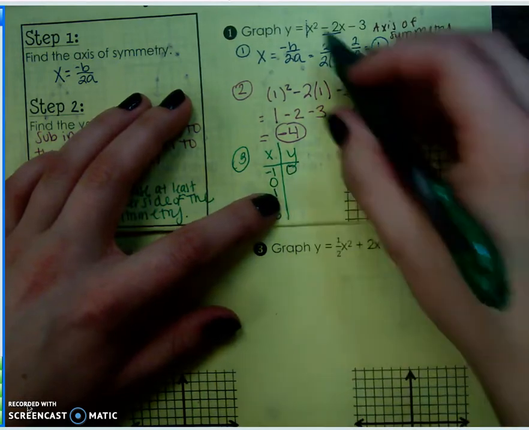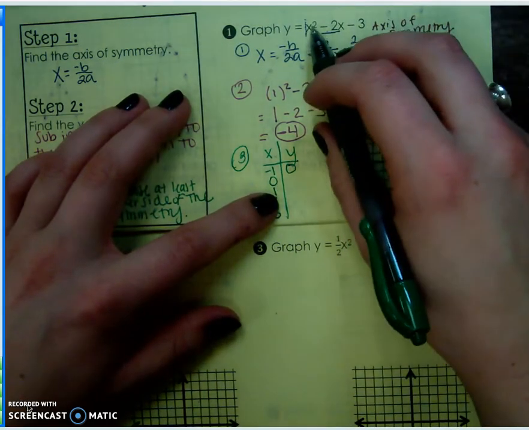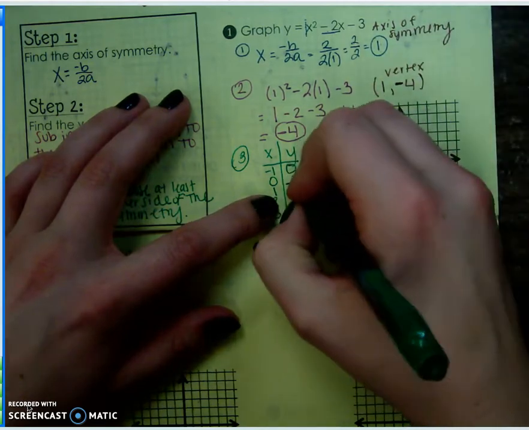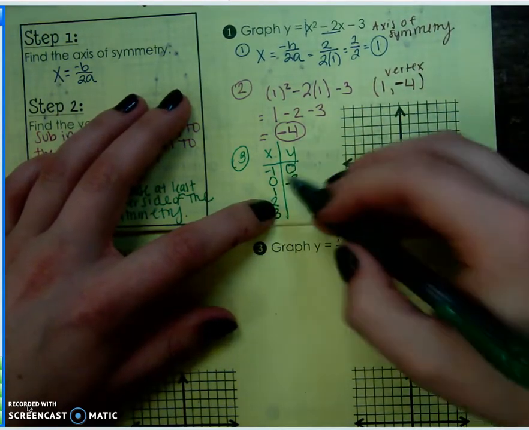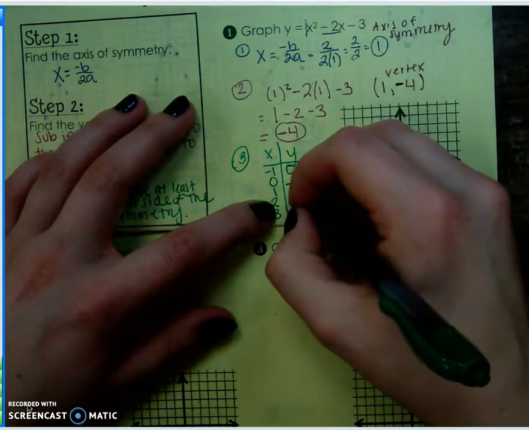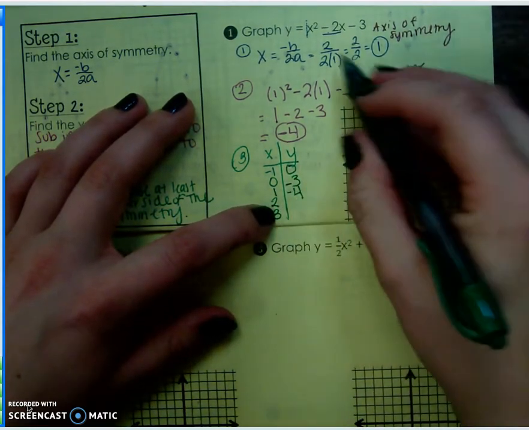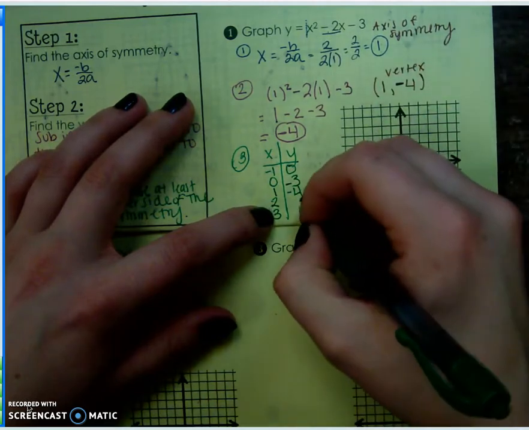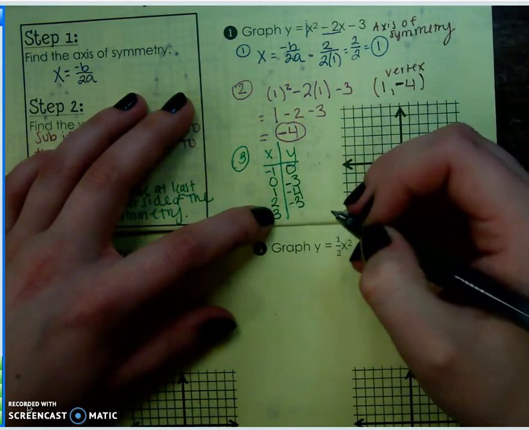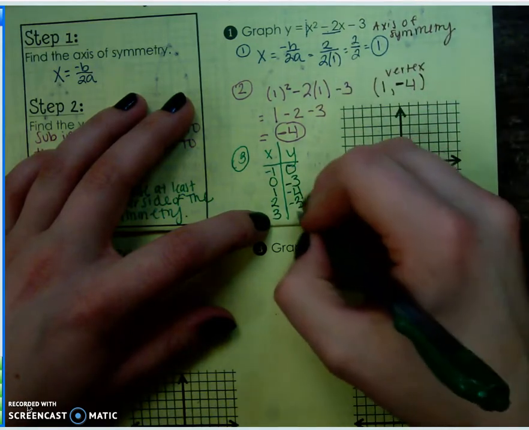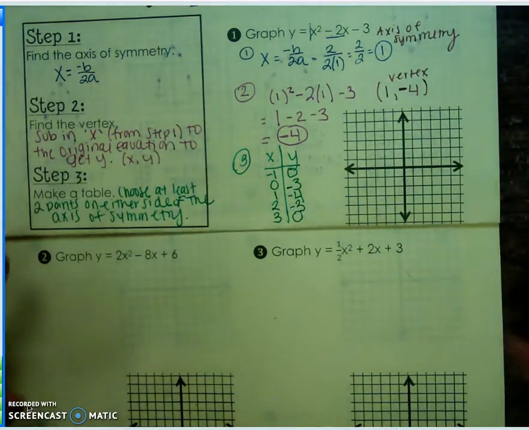If we sub in 0, so 0 squared minus 0 minus 3, there it is, negative 3. Subbing in 1, we're going to get negative 4. Subbing in 2, we're going to get negative 3. And then subbing in 3, we're going to get 0.